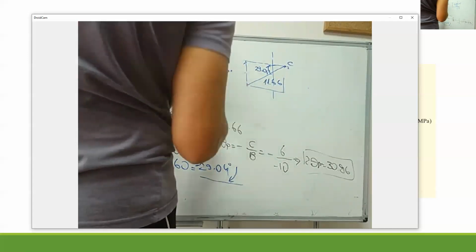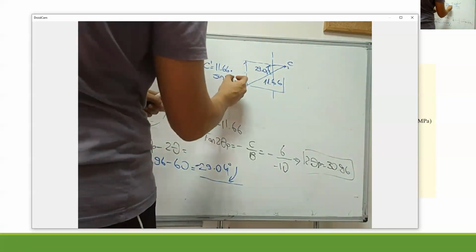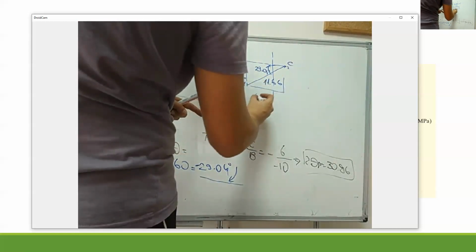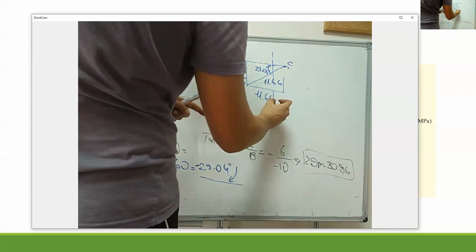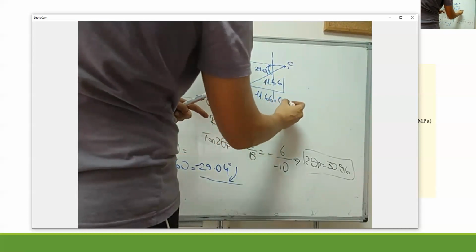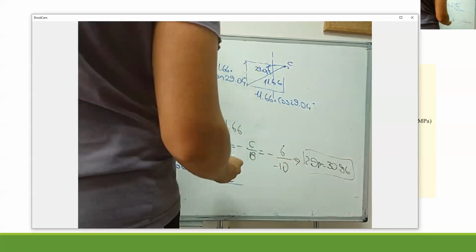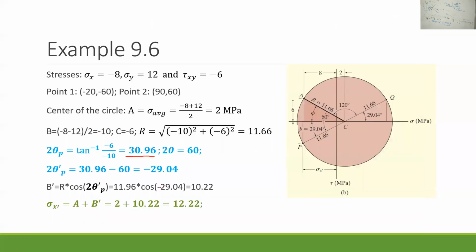The vertical value is 11.66 multiplied by sine of 29.04 degrees, and the horizontal value is 11.66 multiplied by cosine of 29.04 degrees. So I can check this value. What is that?